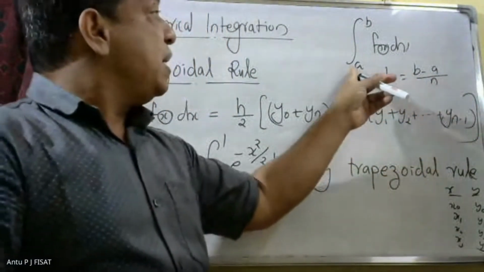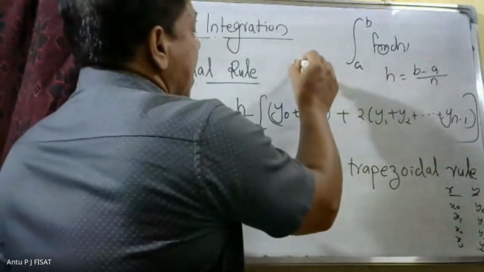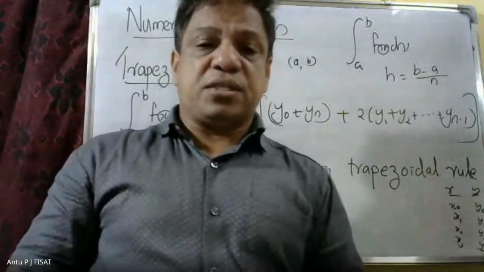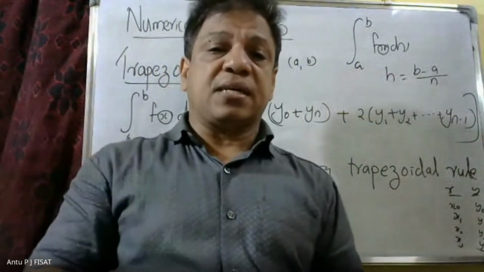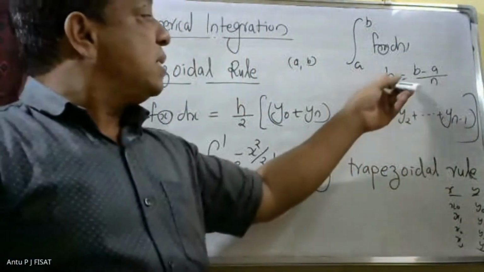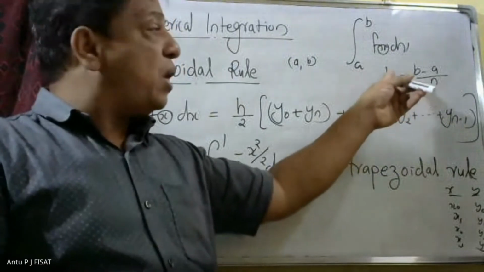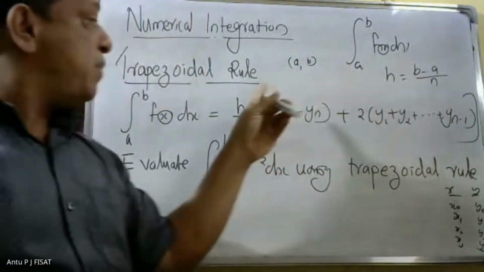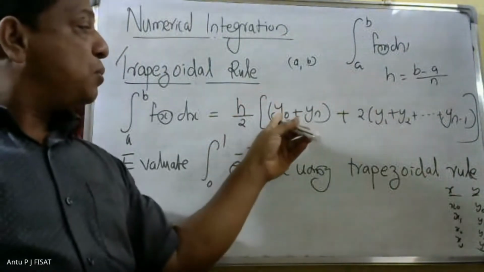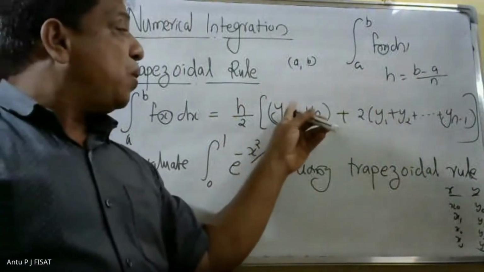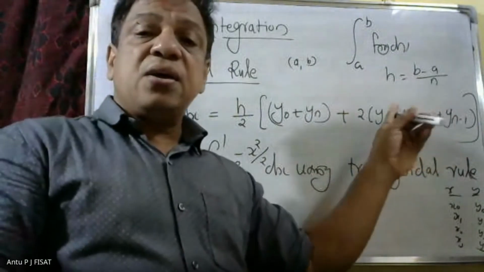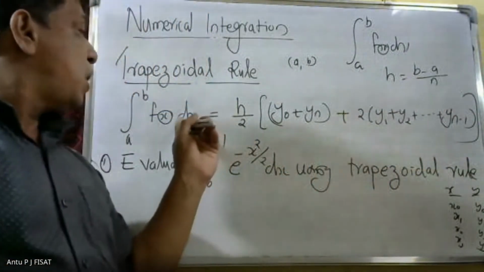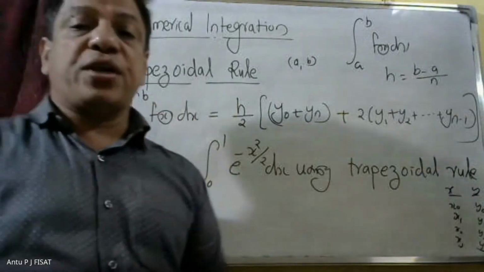We can divide a to b into the number of intervals, 5, 6, 7, etc. In this case, we have to find the value of h equal to b minus a by n. Then substituting the value of h and the values of y0, y1, y2, etc., we calculate and get the function value integral a to b f of x dx.